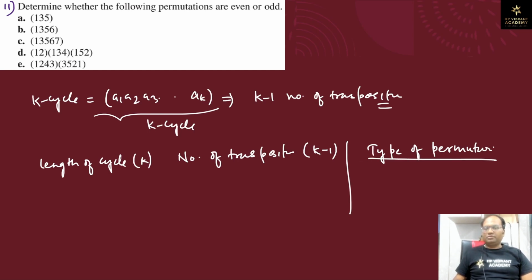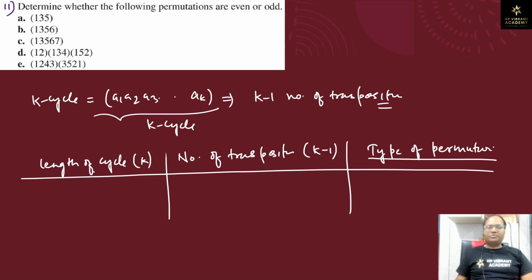Let us have a tabular form. Suppose the length of the cycle is even, then the number of transpositions is even minus 1, which is odd. If the number of transpositions is odd, then the type of permutation is odd.